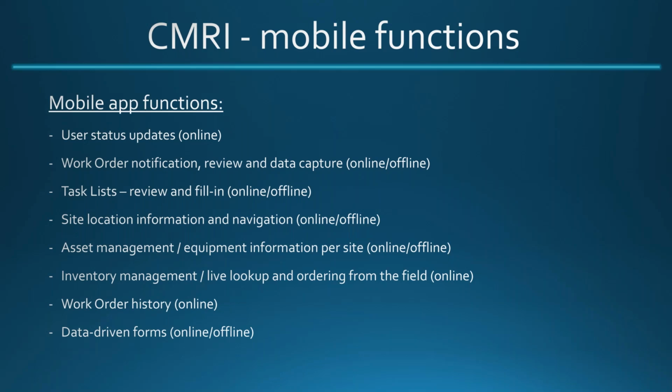We had task lists, we had site location information navigation, we had capabilities to view assets and sites based on an asset database and a mapping, and we could also have an inventory lookup capability. We didn't see that in the previous slides, but you could live check the warehouse and not only see the assets installed in a site, but also check spares, consumables available in a warehouse. You can check the work order history, everything is retained and available, and the data-driven forms part that we just described.